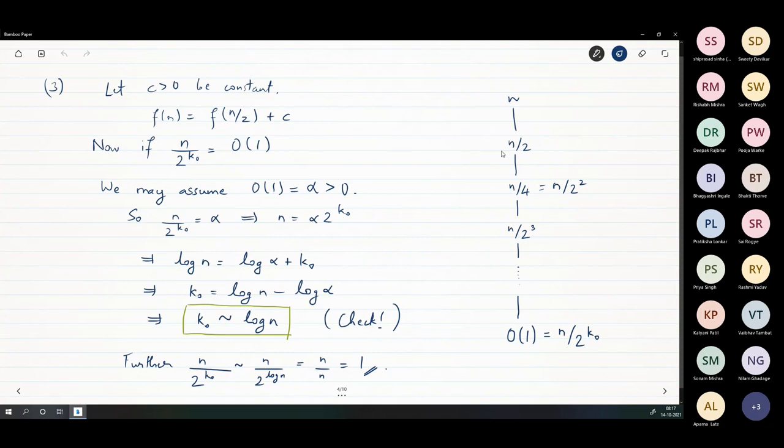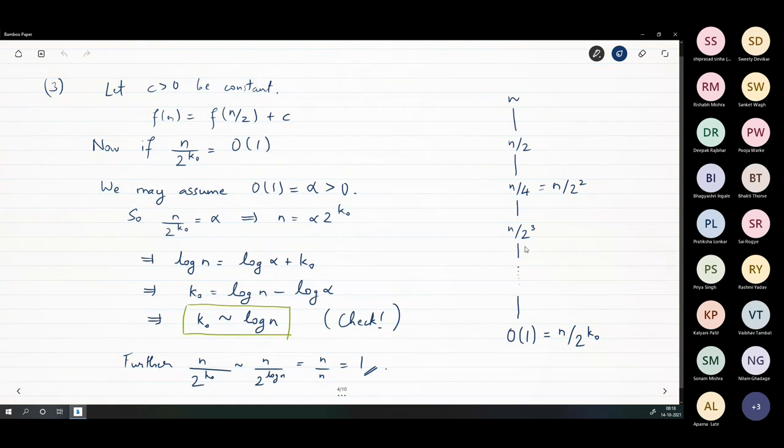In order to find the value at n by 2, f of n by 2 is f of n by 4 plus c, again by the recurrence relation. So to find f of n by 2, you need f of n by 4, which is f of n by 2 squared. To find f of n by 2 squared, you need f of n by 2 cube, and so on and so forth.